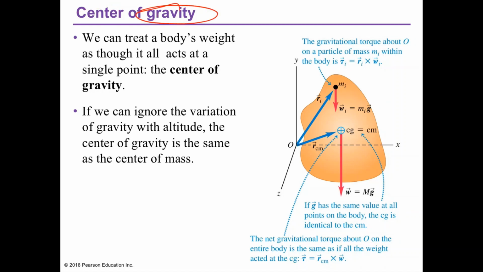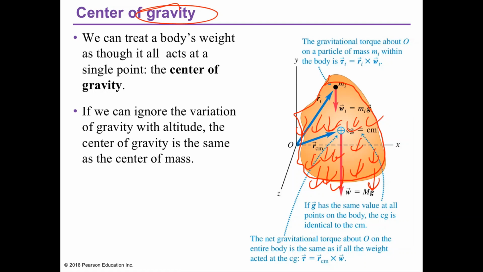The weight doesn't act at a single point. For an extended object, these weight forces are a result of the gravitational force from every little point. We need to calculate the torque in a simplified manner, otherwise we have to integrate all of that every time.